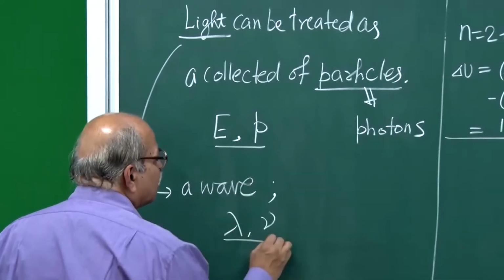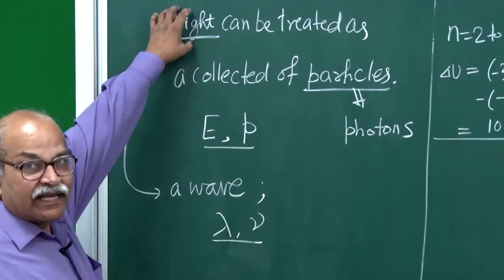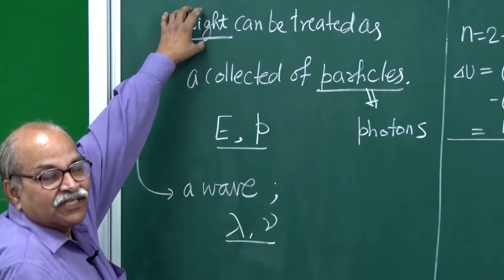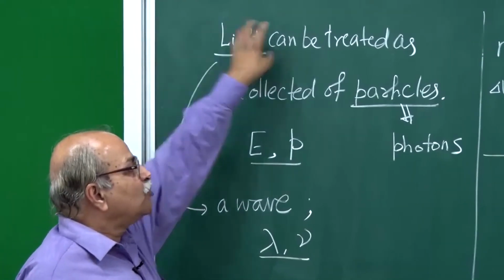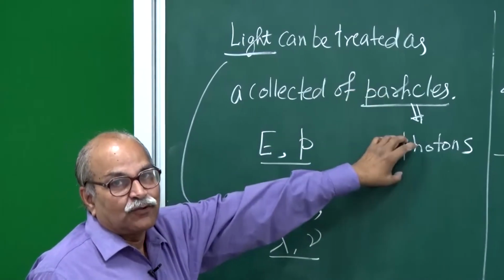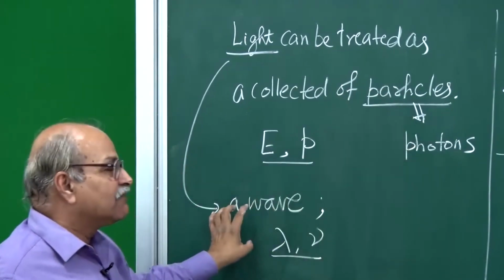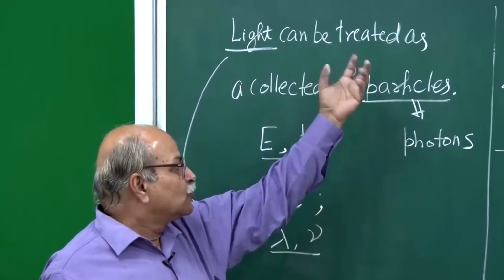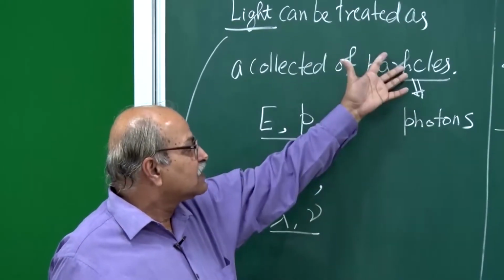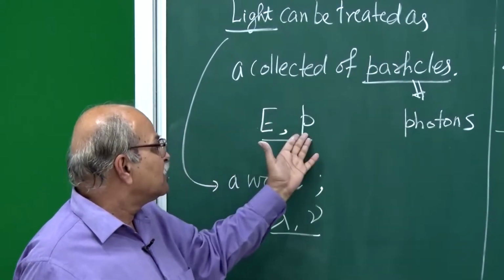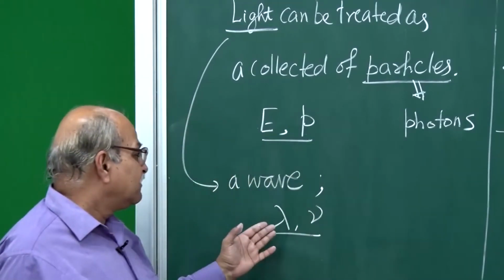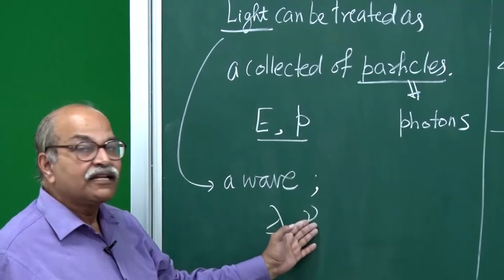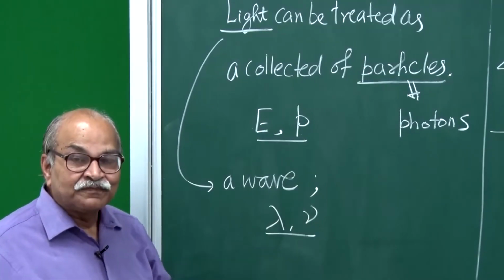So the same object, light or EM radiation, can be regarded as a collection of particles, a collection of photons, or a wave. When you talk in terms of photons, then you talk of energy and momentum. When you talk in terms of waves, you talk of lambda, wavelength, and frequency nu.